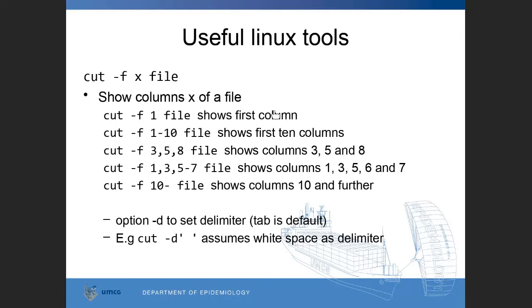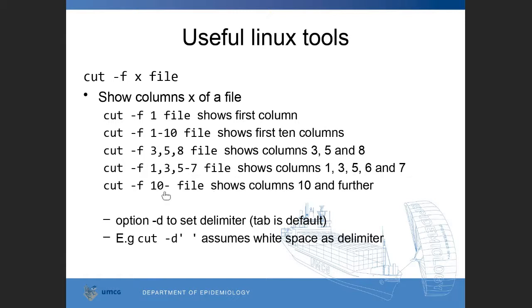So 1 will show you the first column. You can also do 1-10. It will give you the first 10 columns, or you put commas in between. 3,5,8 will show you columns 3, 5, and 8. Or you can combine these. 1,3,5-7 will show you columns 1, 3, 5, 6, and 7.